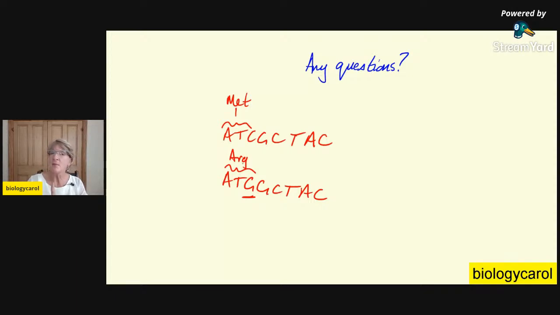Now that might make the protein work better, it might make it work worse, or it could make no difference at all to the protein. And therefore, if we're talking about hair color, it's possible that this change here is still the same gene, but different alleles.